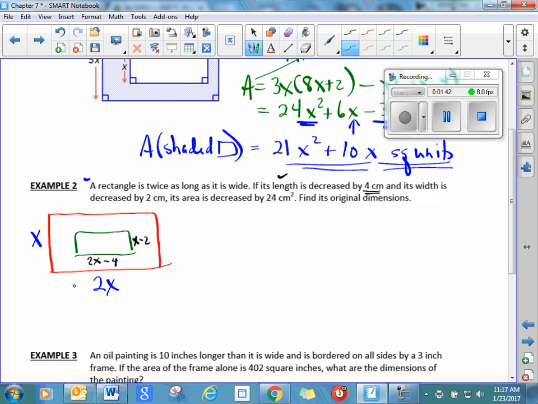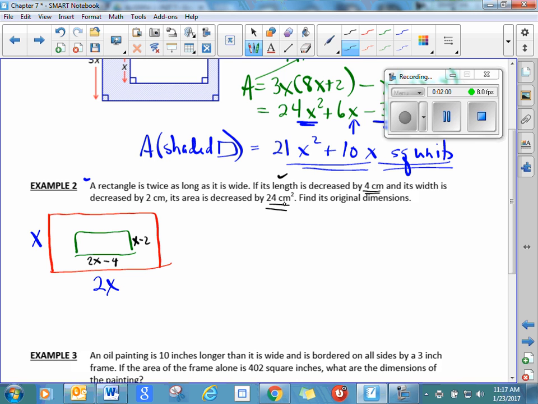Well, we've got to come up with an equation here. We have to have some way to solve an equation. And it does tell us how much the area is decreased by when we make these lengths and widths smaller.